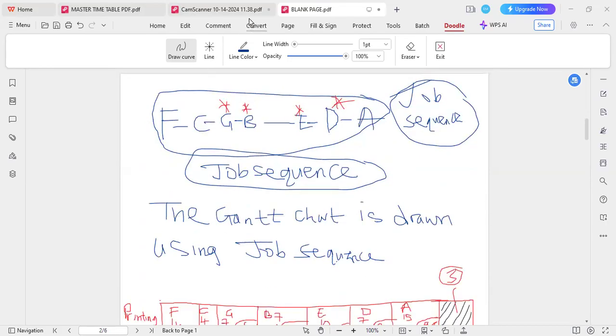Sorry, I was muted. I needed you to clarify something between the two questions. The other one we are looking at the three machines, and then this one has got two machines. In the three machines, we said we cannot start the process in the next machine until the first one is completely complete. That's why it had some idle times.